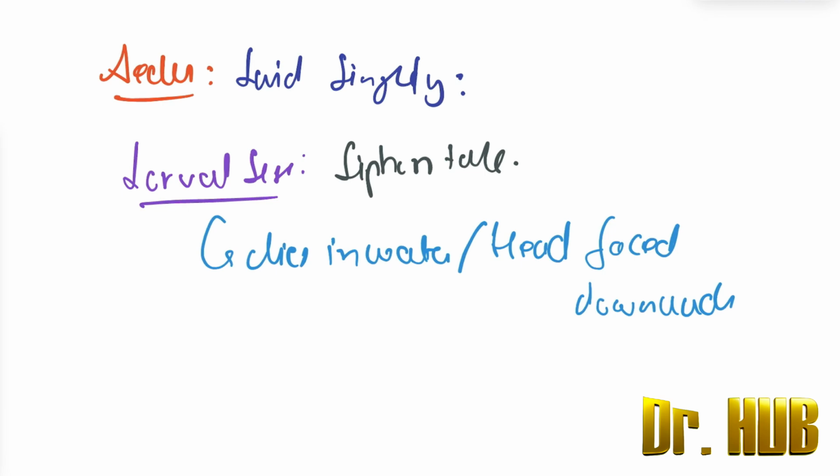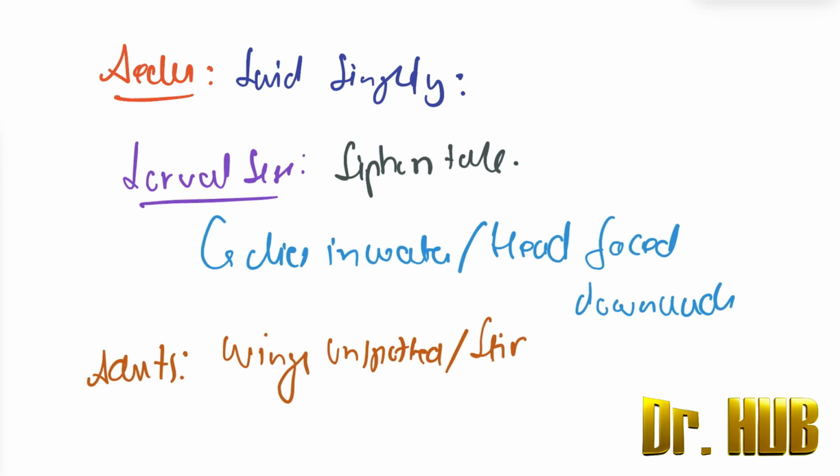Then come the adults. The wings are unspotted and it has a striped body.